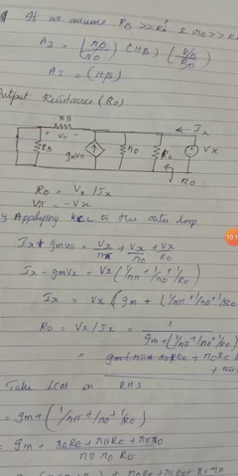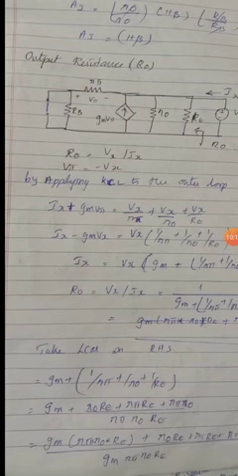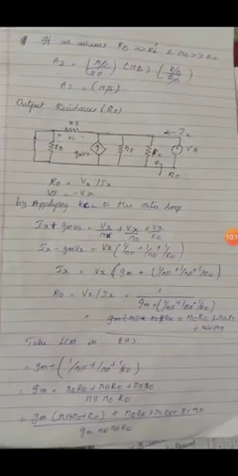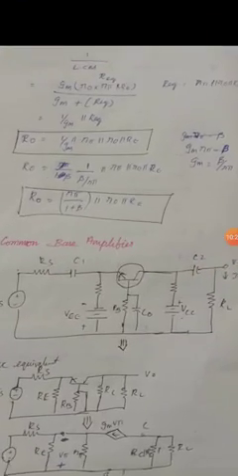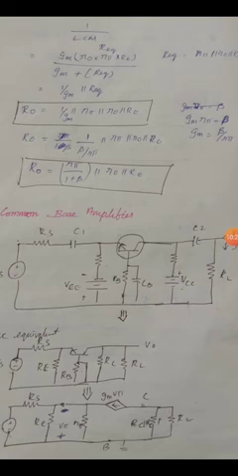If you are taking the LCM, I have explained that in the steps. When you are taking the LCM and simplifying, you will get the equation as 1 by gm parallel with R pi parallel with R naught parallel with RE. So your output resistance will be 1 by gm parallel with R pi parallel with R naught parallel with RE.